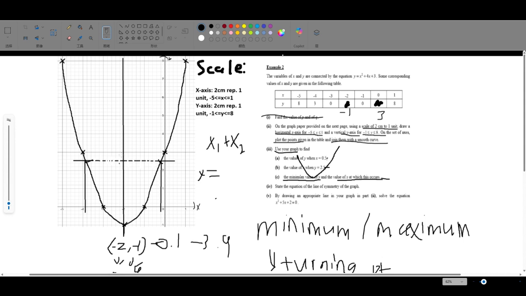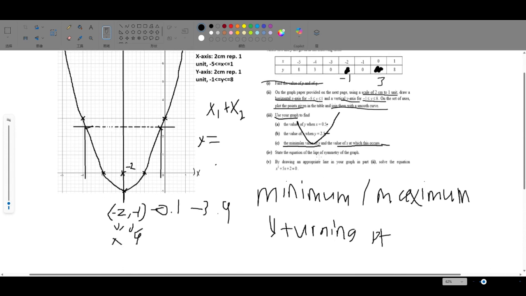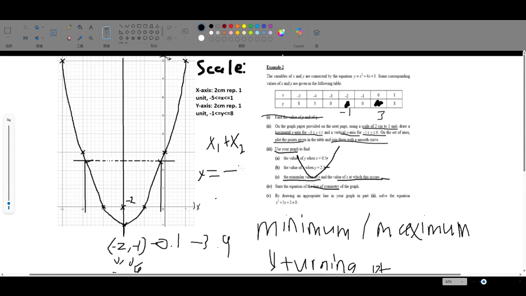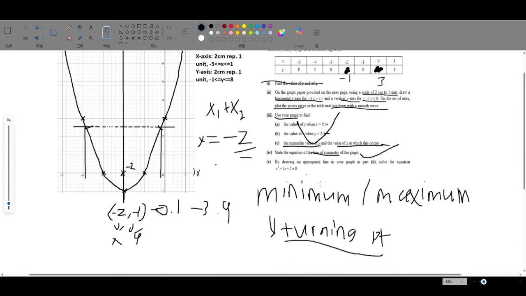And in this case, we see which point this line is lying on the x-axis, and in this case it is lying on -2. Basically, our turning point is lying on the line of symmetry, so x is just equal to -2. This is our line of symmetry, correct?